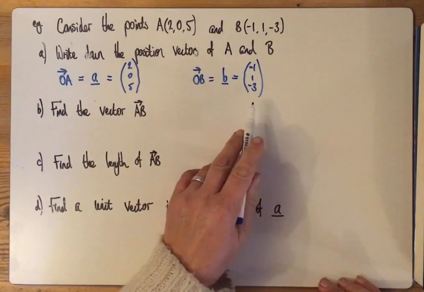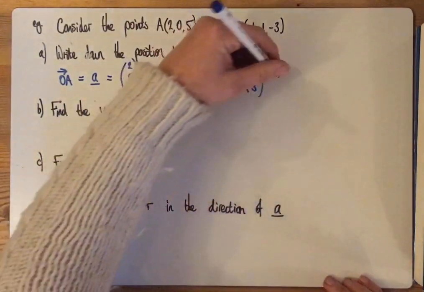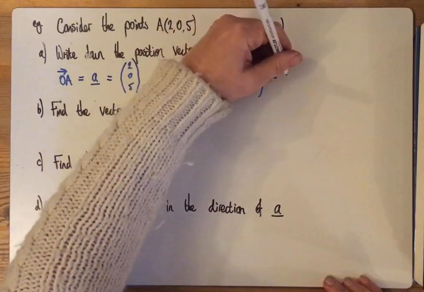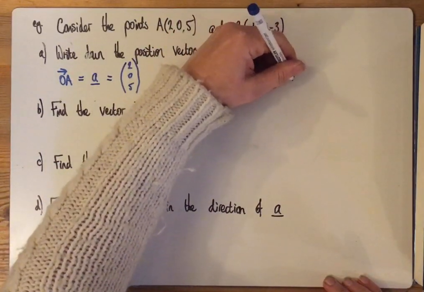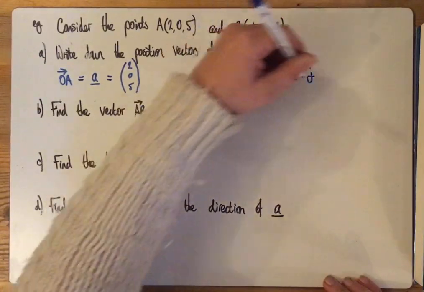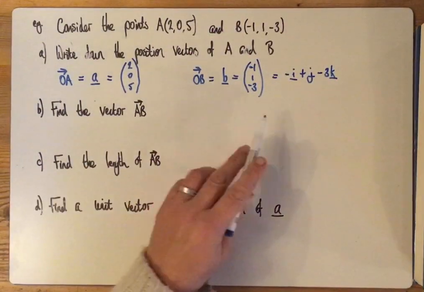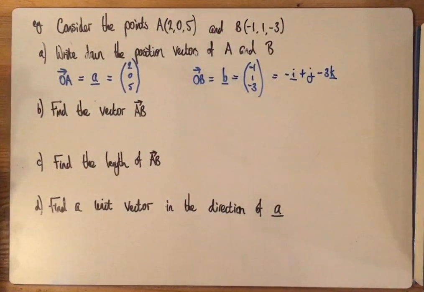I could write this in ijk notation. So in ijk notation, that's minus i plus j minus 3k. I much prefer column vectors. I just think they're easier to work with. And it's fine just to convert into column vectors in questions if you want to.